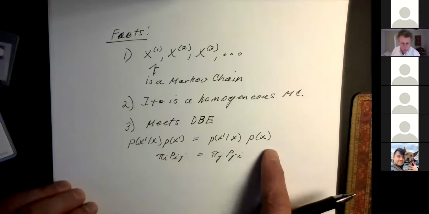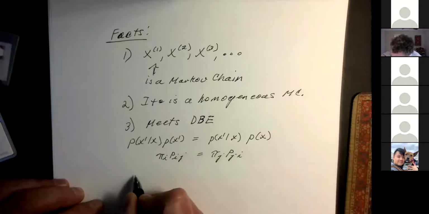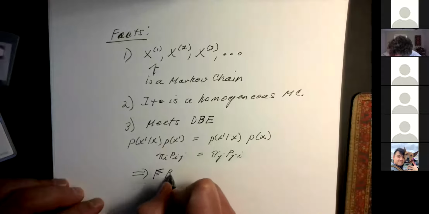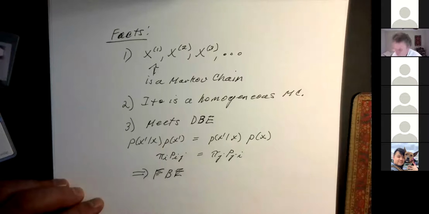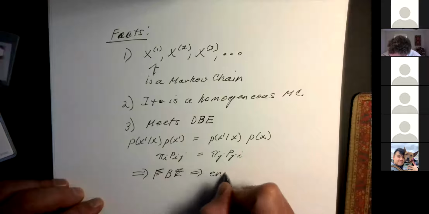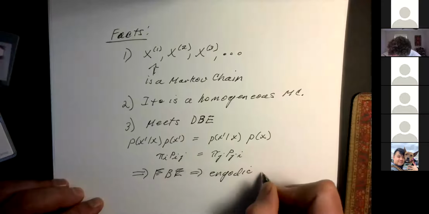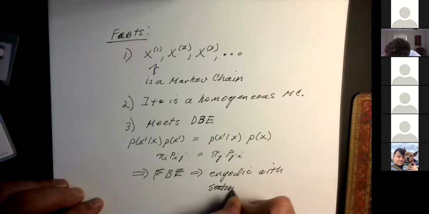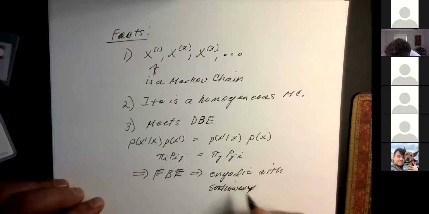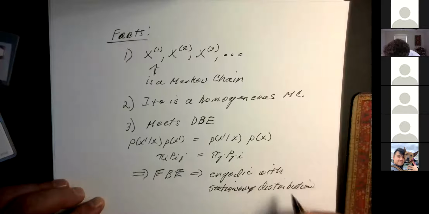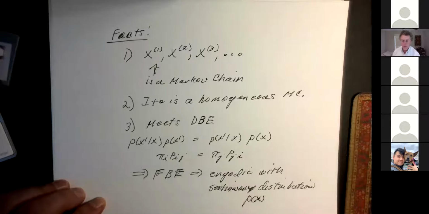I haven't shown it yet, but I'm going to show it in just a minute. And since it solves the detailed balance equations, that means it solves the full balance equations, okay? And guess what? That means it's ergodic with stationary distribution P of X. Okay.